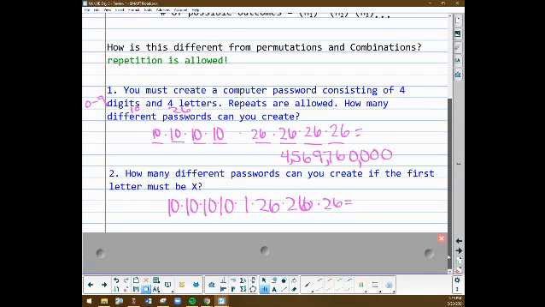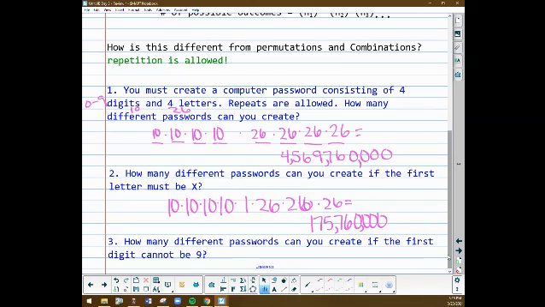So this one's going to be just a little bit different. Still pretty large though, about 175 billion now. Reduces the amount because you have a little less options if that letter has to be X.